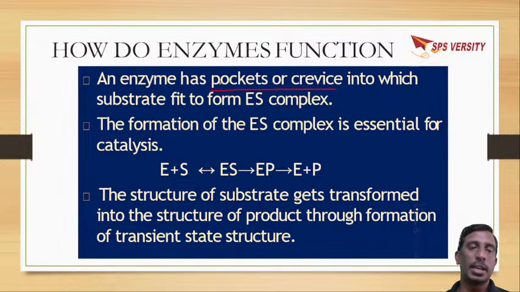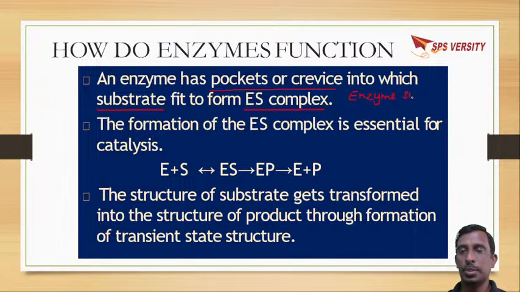Substrate means the reactant; in chemistry, we call it a reactant. To proceed with the reaction, the enzyme has to combine with the substrate. So the substrate has to fit into the pocket of the enzyme to form the enzyme-substrate complex. पहले क्या form होता है कि enzyme substrate complex.